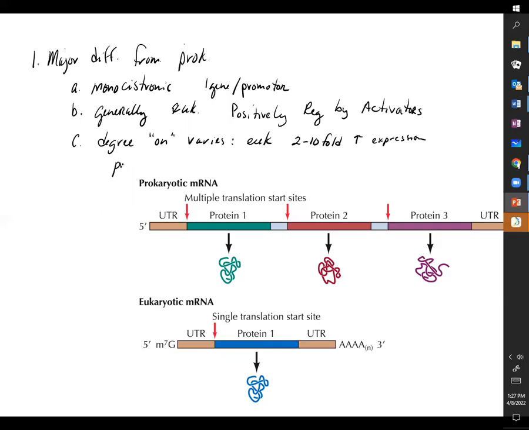Whereas in prokaryotes, it's far more drastic. It's more like 100 to 1,000-fold increase. So there's more subtle changes in expression in eukaryotes as opposed to prokaryotes where it just blasts the gene expression.